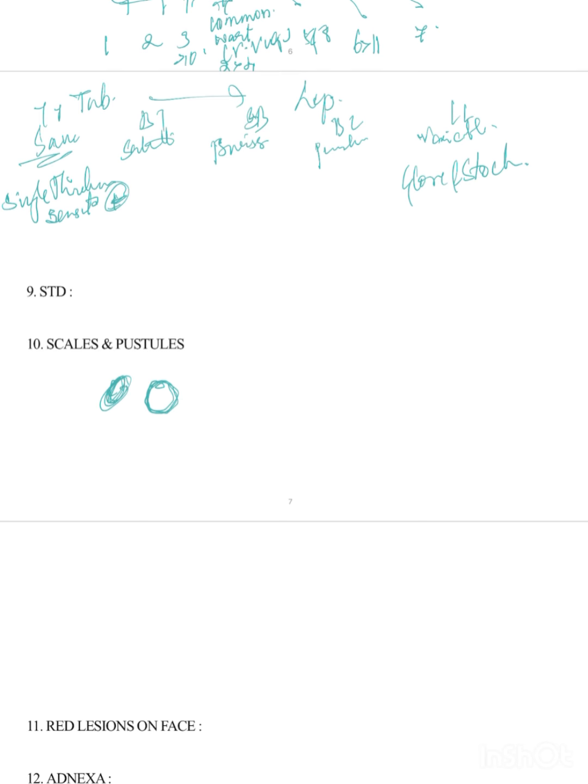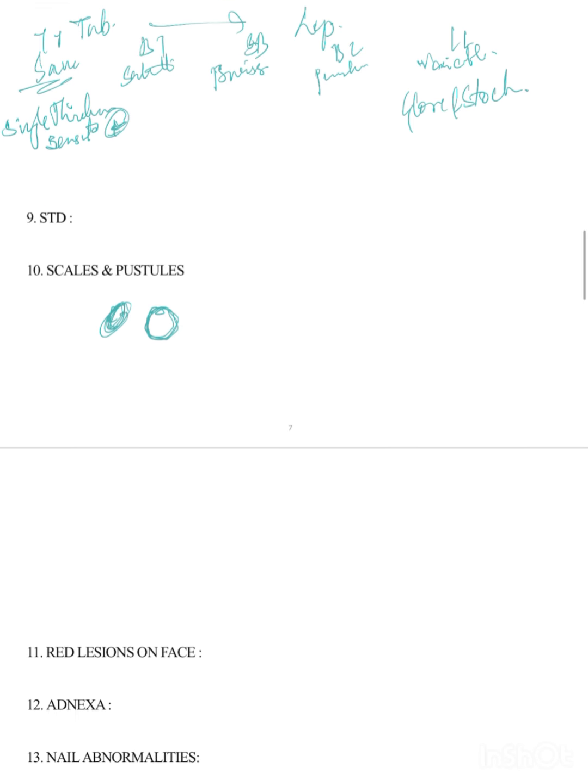And in guttate psoriasis, where there will be widespread lesions throughout, you need to give macrolide antibiotics, because the skin lesions look like they are infected. And another thing you need to remember is the Koebner phenomenon.